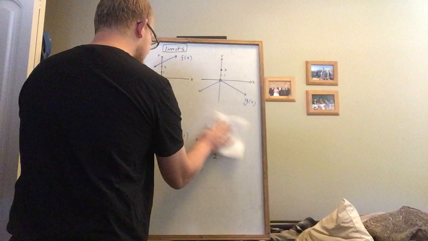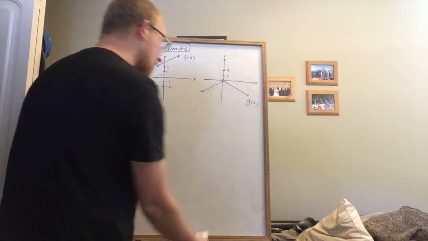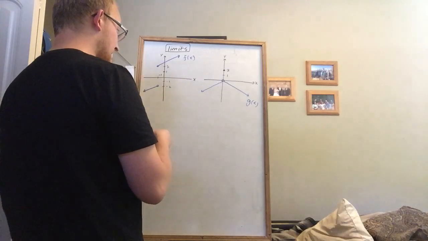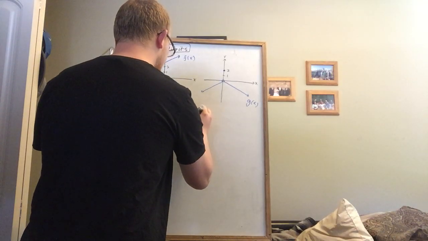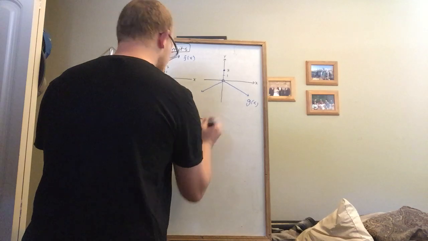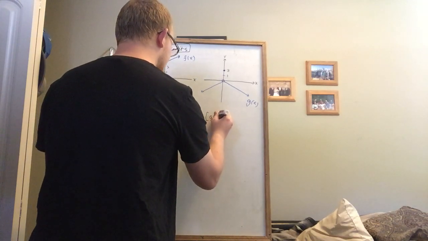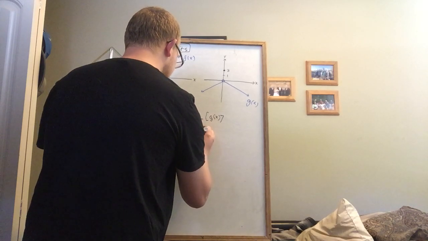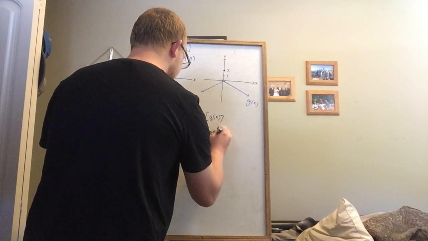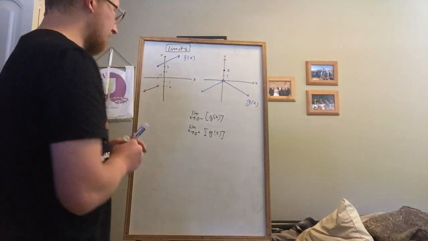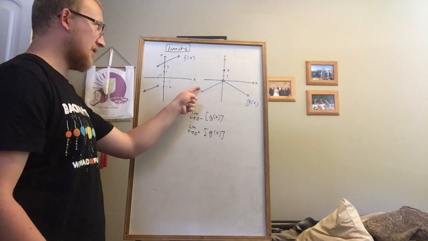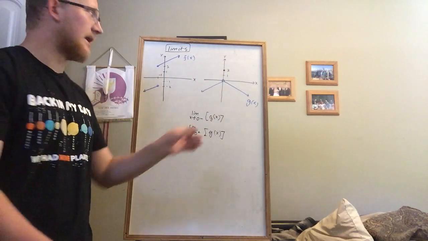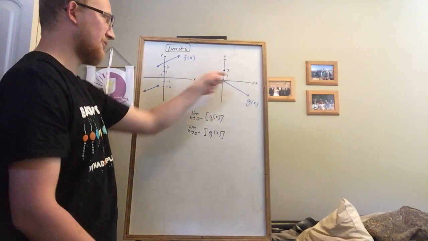Let's take a look at this problem right here with g of x. We take the limit as x approaches 0 from the left of g of x, and the limit as x approaches 0 from the right of g of x. And let's take a look and figure it out. As we're approaching from the left, as we inch closer and closer to x equals 0 without reaching it, we'll notice that we're approaching y equals 0.